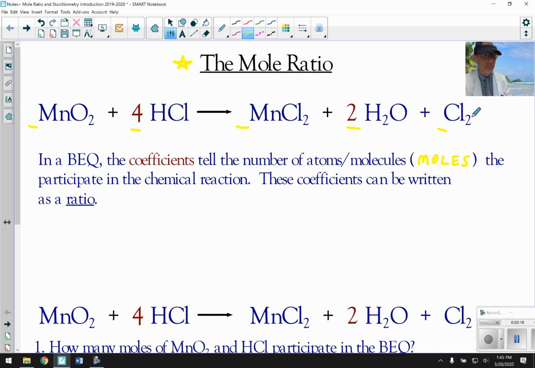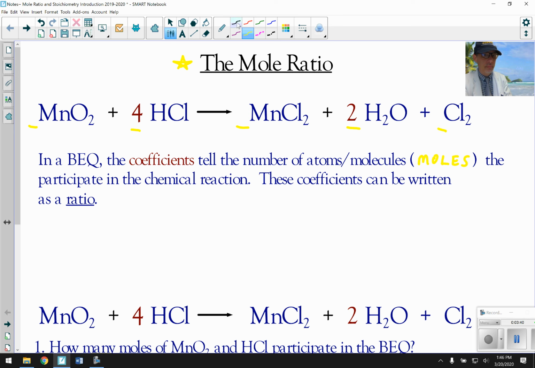Remember, participant means either reactant or product. It's a way of lumping them all together in one word. The coefficients tell the number of atoms, molecules, but also the number of moles of each participant in the chemical reactions. Now, what's a little different about how we're going to write them in this chapter, we're going to write them as a ratio.